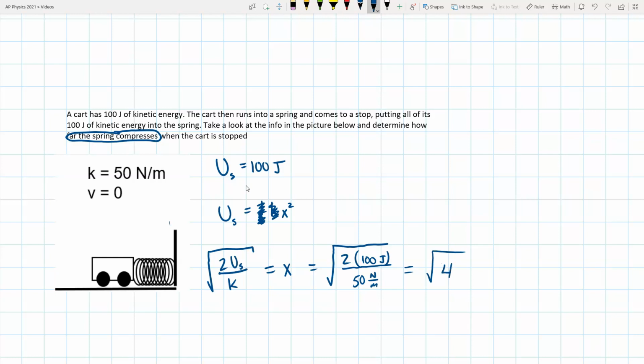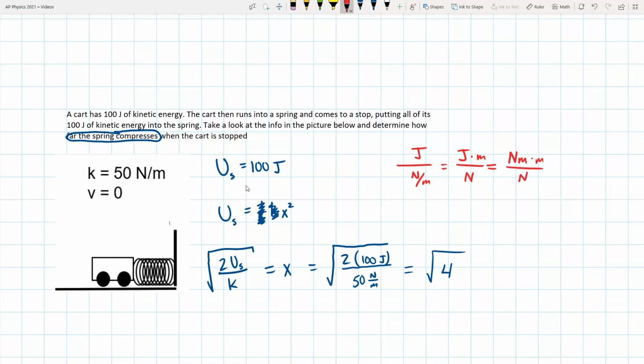I have no idea what the units on that would be, so let's take a look. A joule divided by a newton over a meter. So if we just reduce this real quick, this would be a joule times a meter over a newton. Remember, a joule is a newton meter. So that can be a newton meter times another meter over newtons.